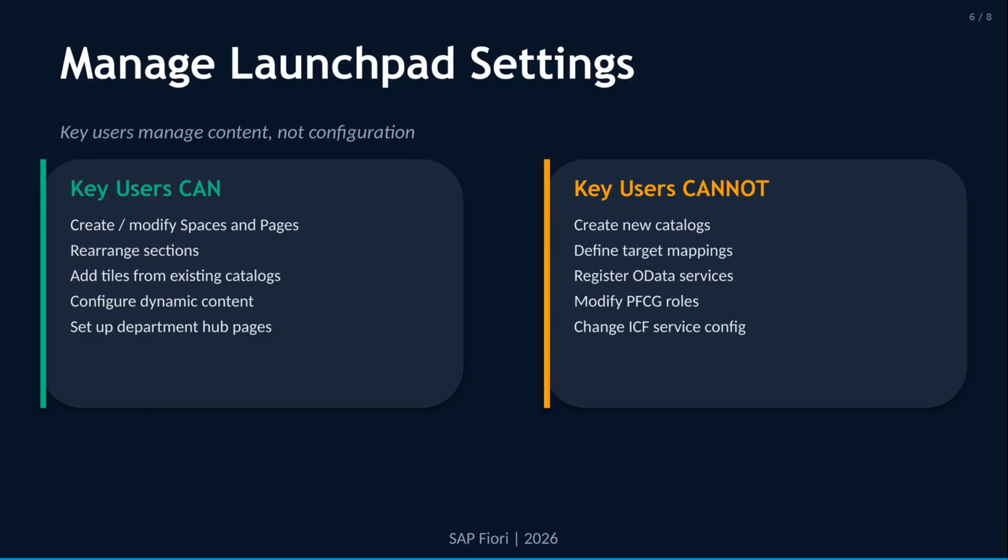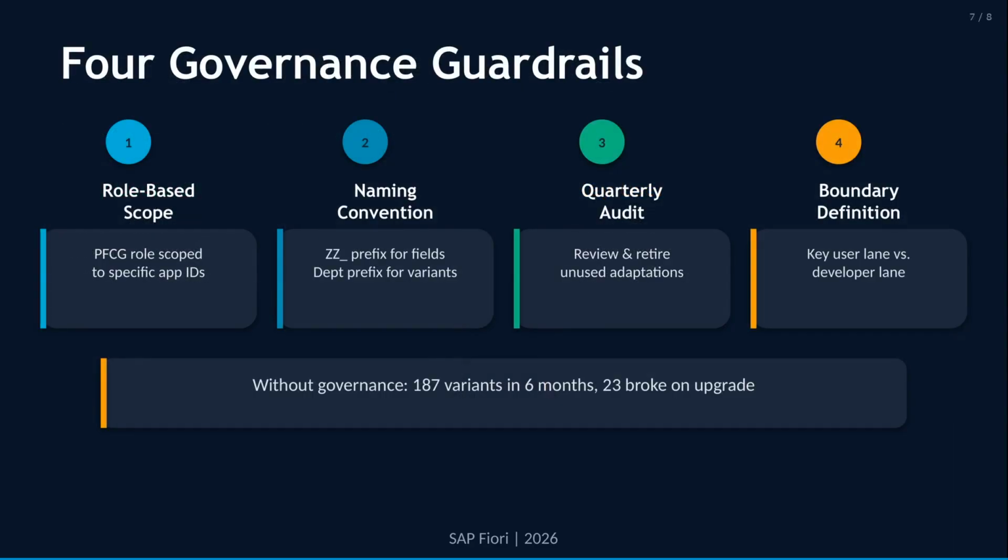The governance rule here is simple. Key users manage spaces. They can add tiles from the catalog, but cannot create new catalogs, new target mappings, or new OData service registrations. That separation keeps the Launchpad stable while giving business teams ownership of their workspace layout.